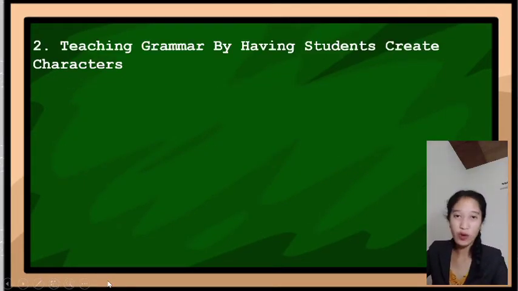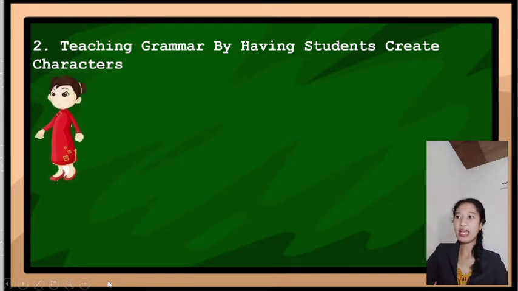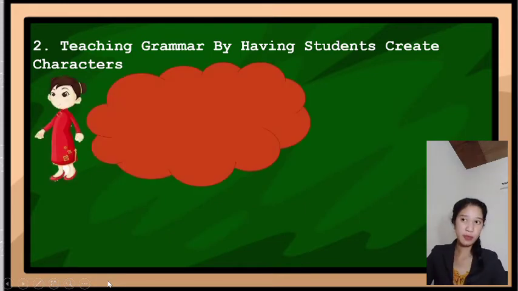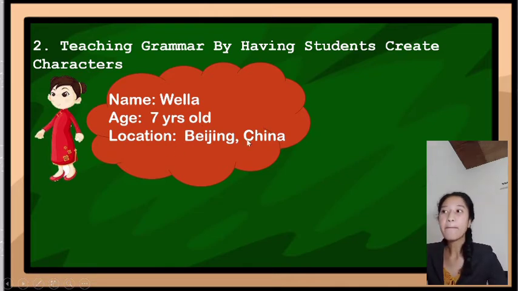Here, second, teaching grammar by having students create characters. For example, you let your student create a character. For example, here I created this and put some information regarding the character they've created, like the name. Its name is Wella. Its age is 7 years old, and the location is Beijing, China.